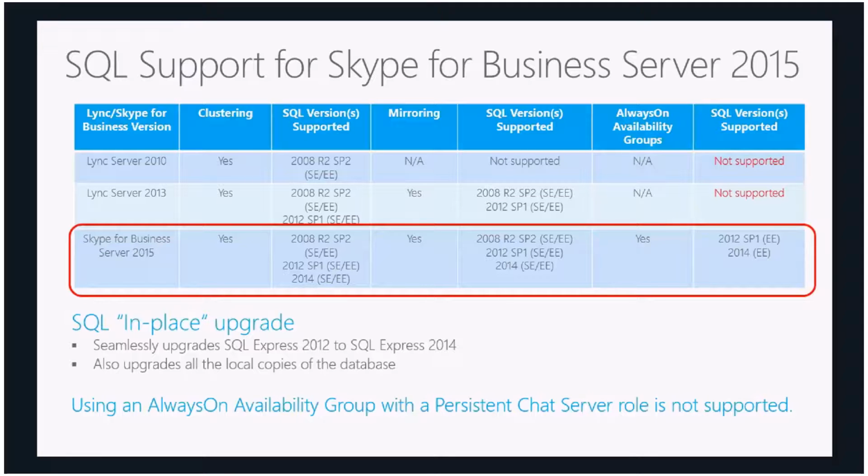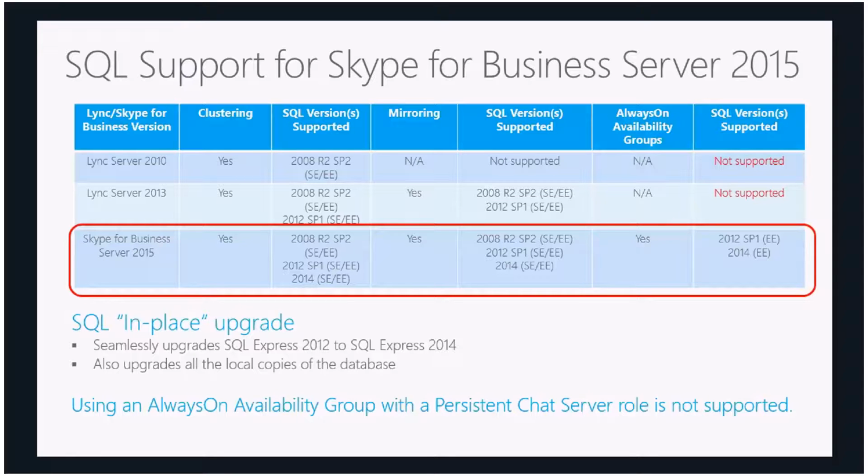So is this a little bit different than what is available with clustering or mirroring? If you look at the columns for clustering and mirroring in the SQL versions supported, you can use Standard Edition for those versions. But with Always On availability groups, you must be using the Enterprise Edition of SQL 2012 or 2014.